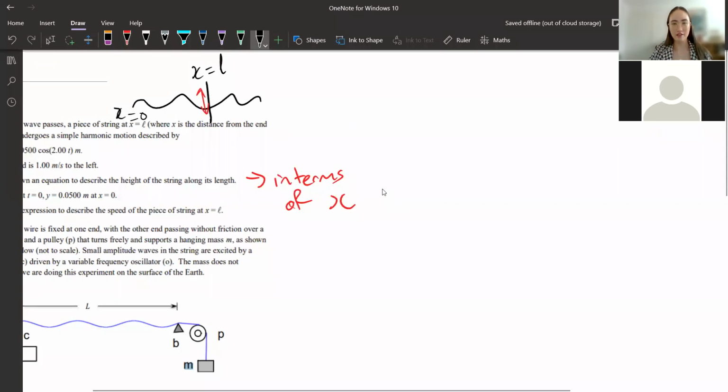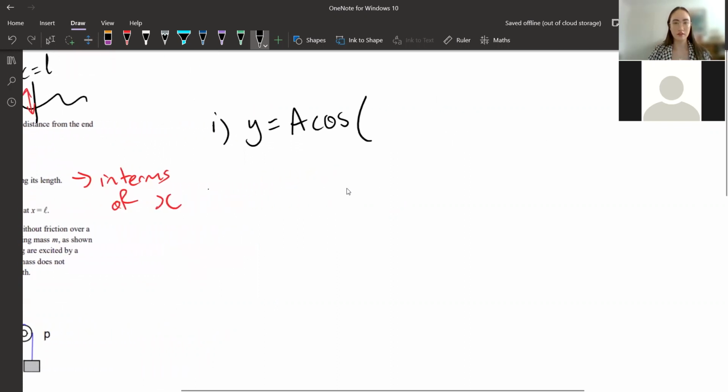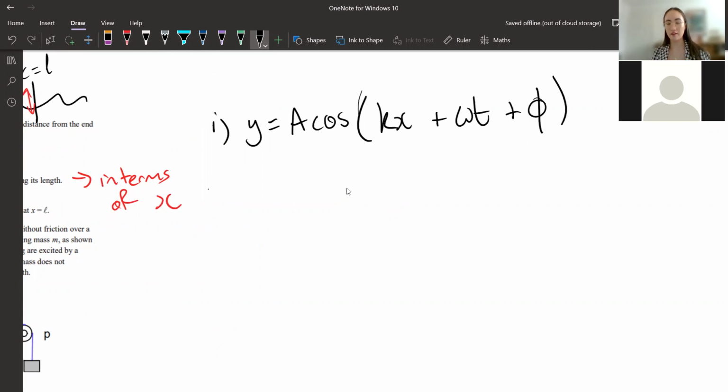And to figure that out, let's just write out the general wave equation. So that's just going to be y is equal to A cos(kx + omega t + phi), where k is our wave number, omega is like our speed kind of thing, and phi is the phase of the wave.